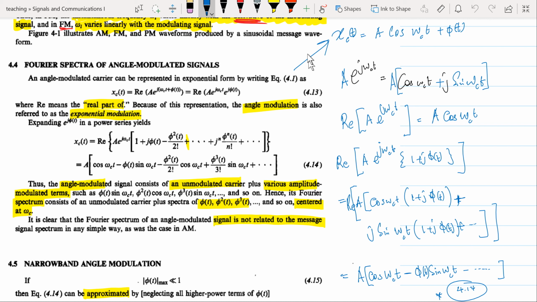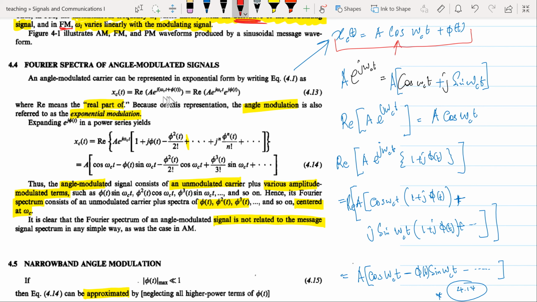And now we jump to the Fourier spectra of angle modulated signals. We say now that an angle modulated carrier can be represented in the exponential form by writing equation 4.1, which I have written here, in terms of the complex exponential, whereby we know that this is the real part of a complex exponential.